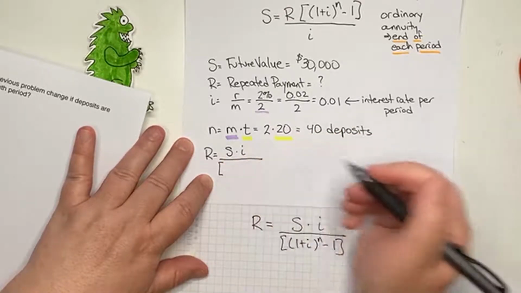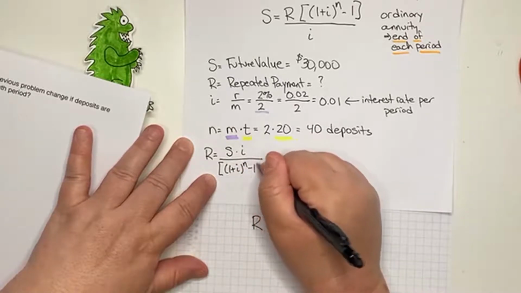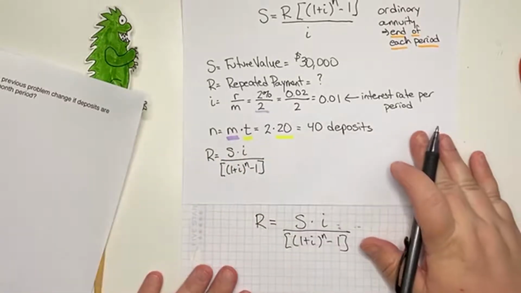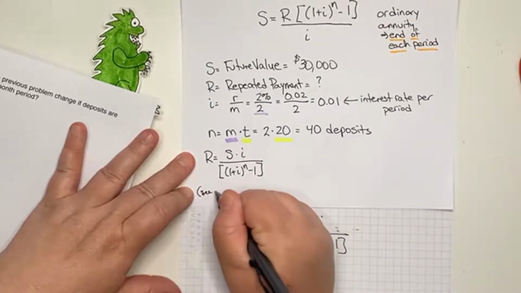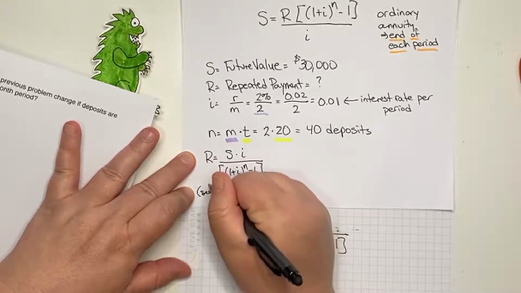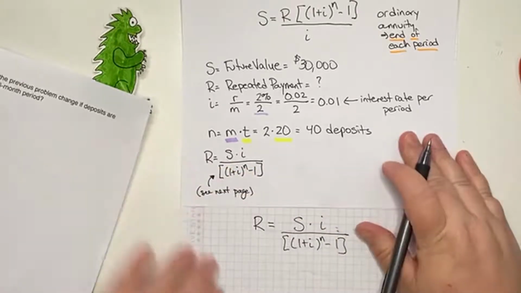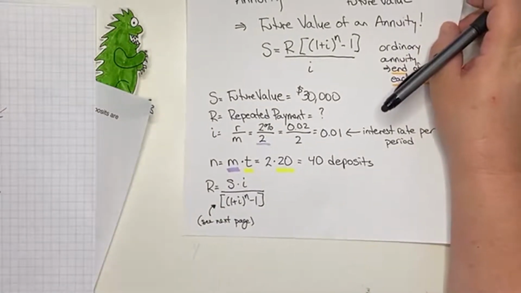So I'm writing in the multiplication explicitly. Minus 1. Oh no, I took you to Smearytown, sorry. And then I will say, see next page. So this will be in the notes, how I got to this. So this is a slightly different version of the formula.